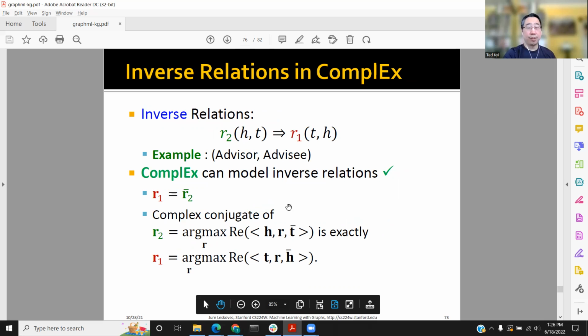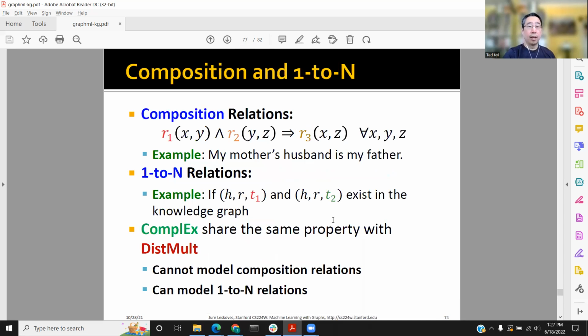So before we said that wasn't necessarily true for any relationship, but in this case, relationship 1 and relationship 2, we purposefully set to be conjugates of each other. In terms of composition and one-to-one relationships, complex shares the same properties as dist-mult. So basically, we just have added this little twist to help us with some of the trouble that we had, where the dot product was always symmetric. Now things are not always symmetric.